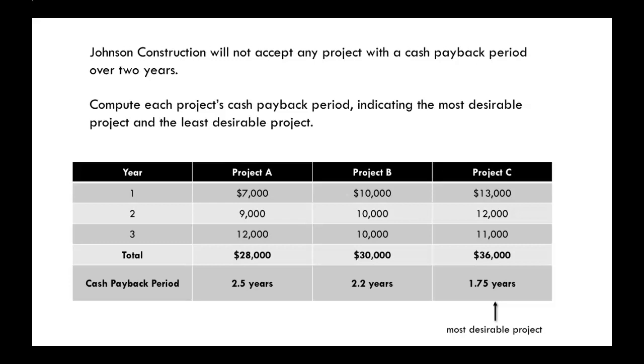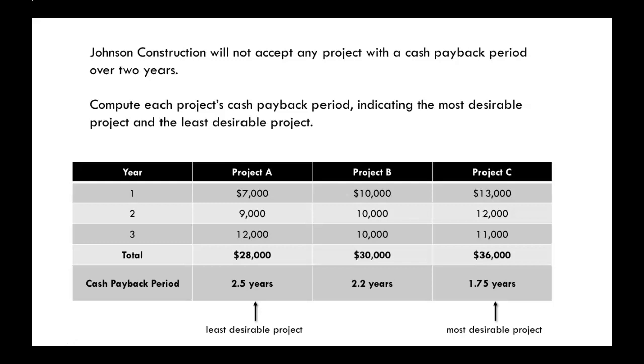We want to get our money back as quickly as possible. With Project C, we get that money within 1.75 years. That's better than the other two. The least desirable is the one that's going to take the longest. That's Project A. That's going to take 2.5 years before we see that money back.